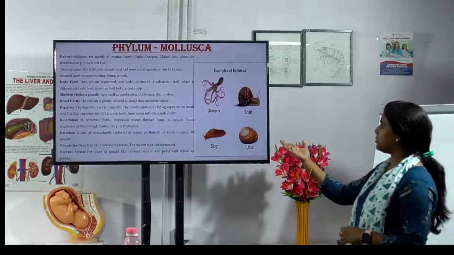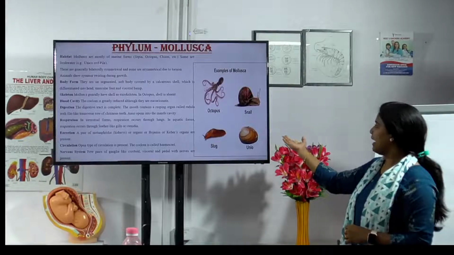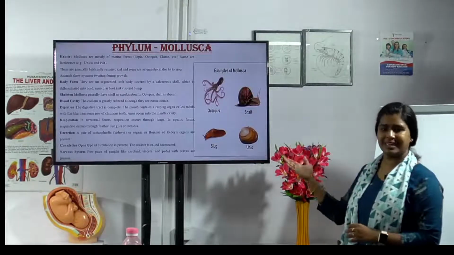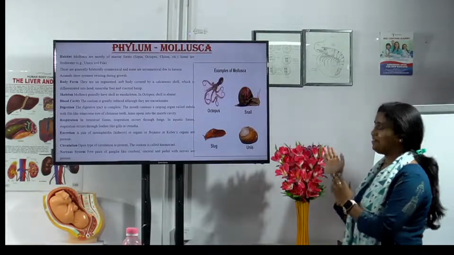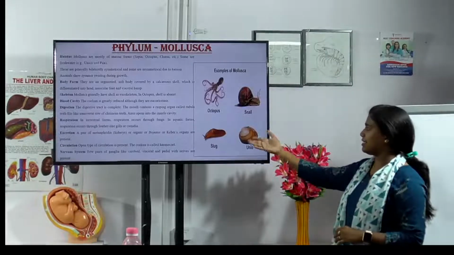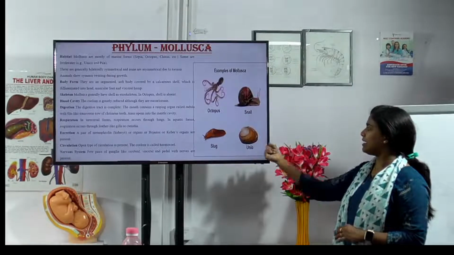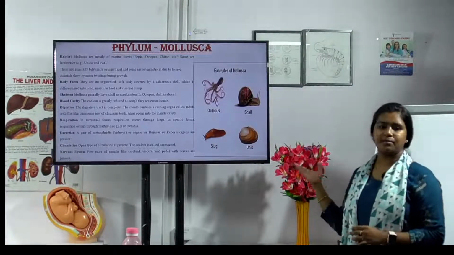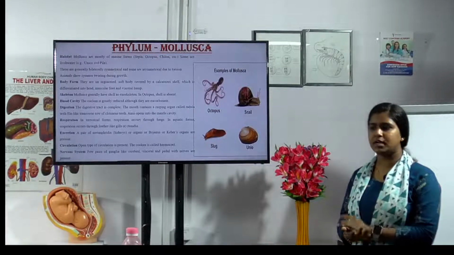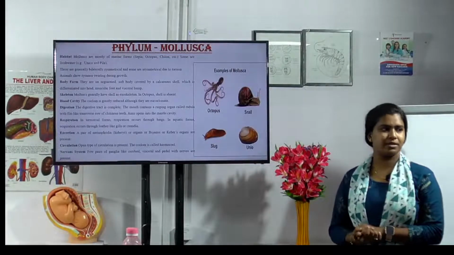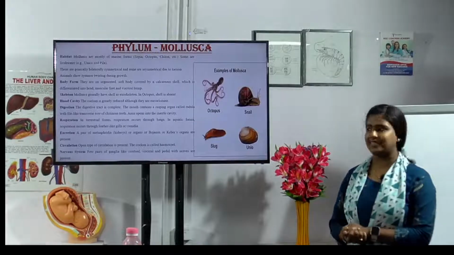Respiration is through lungs only, and aquatic forms through gills. For excretion they have kidneys. Circulation is of the open type, whereas closed circulation is in the first phylum, Annelida.